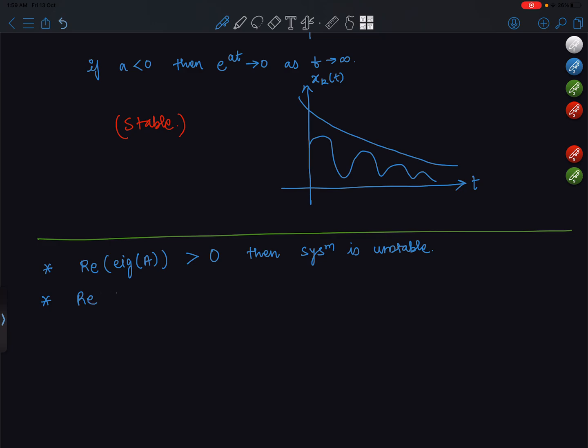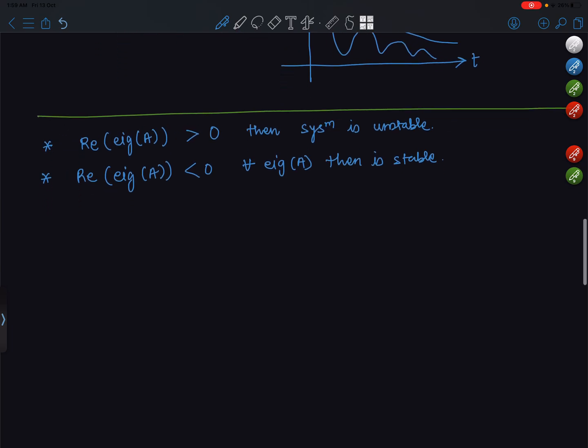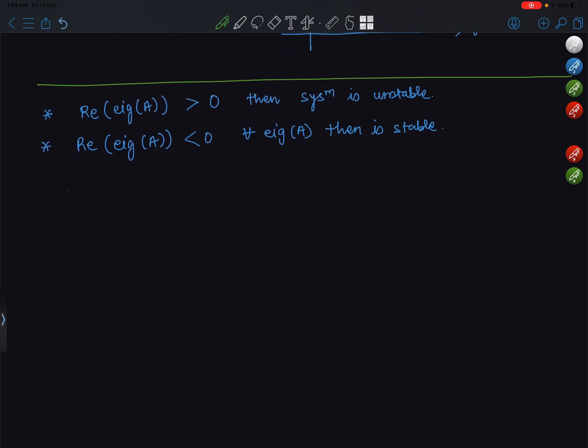Now if the real part of all the eigenvalues of A is less than 0, then the system is stable. We can also represent this in the form of a graph.